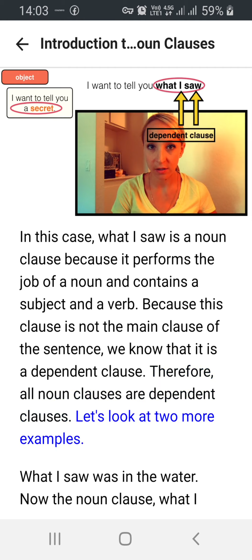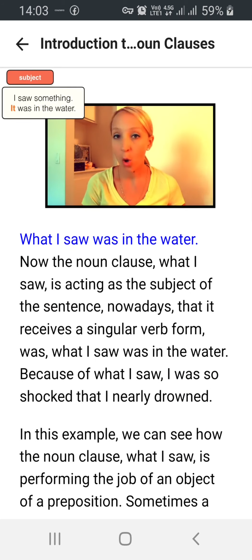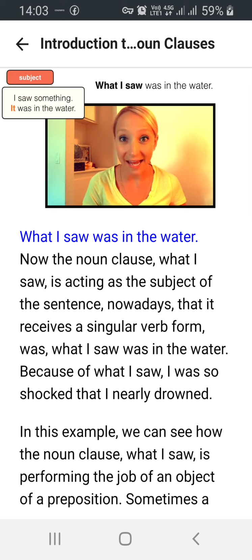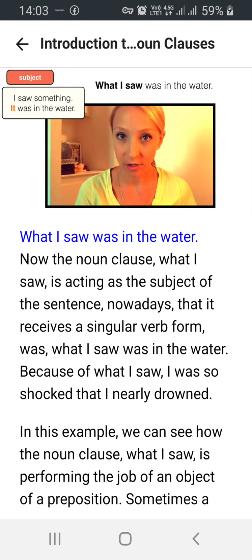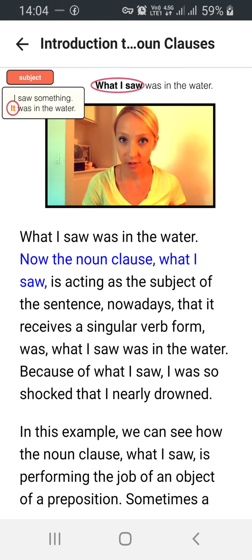Therefore, all noun clauses are dependent clauses. Let's look at 2 more examples. What I saw was in the water. Okay, now the noun clause, what I saw, is acting as the subject of the sentence. Notice that it receives a singular verb form, was.